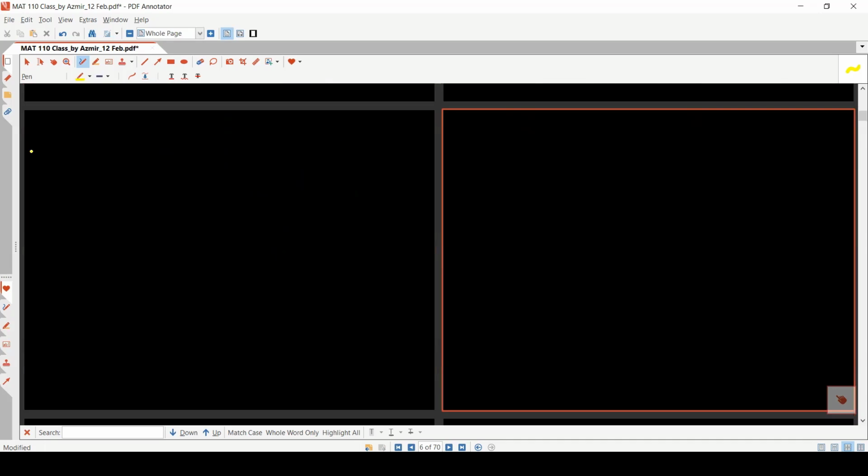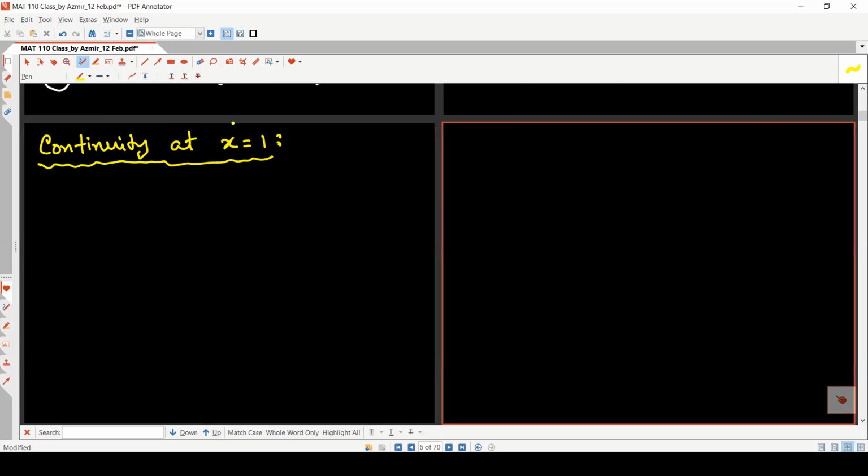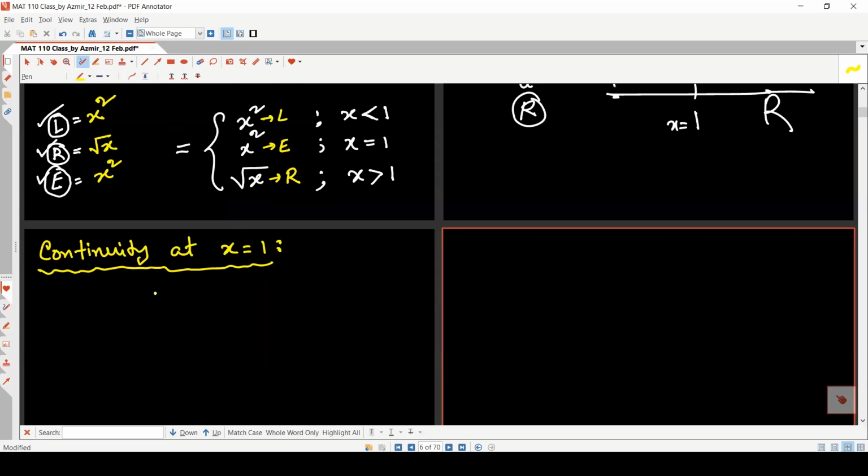So we are going to check whether the function is continuous or not. Continuity at x equals 1. This is given in the question. So we know that for continuity, the condition is left-hand limit must be equal to the right-hand limit, and also it is equal to f of a.